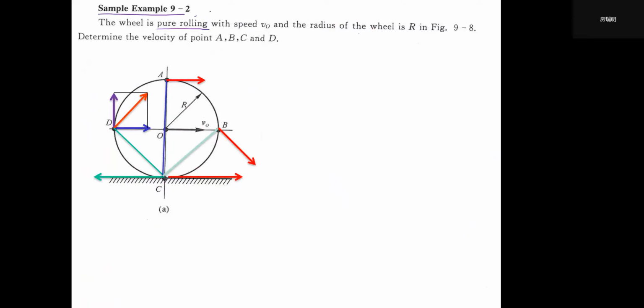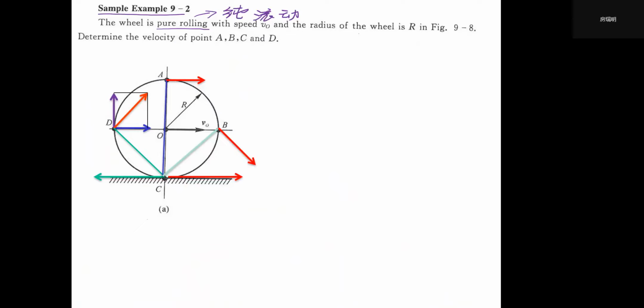We call this pure rolling, 纯滚动: pure means 纯, rolling means 滚动. So what does pure rolling mean? That means when this wheel is rolling from one position to another position, at different positions a different point is in contact with the ground, right?